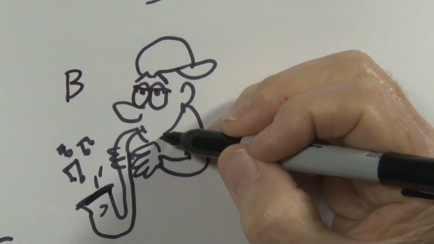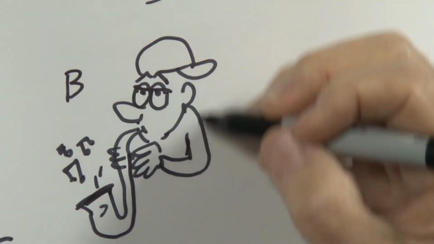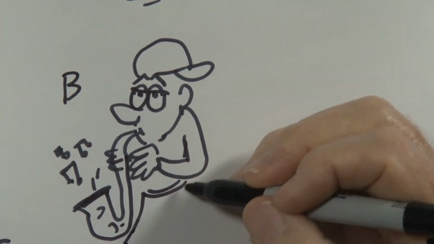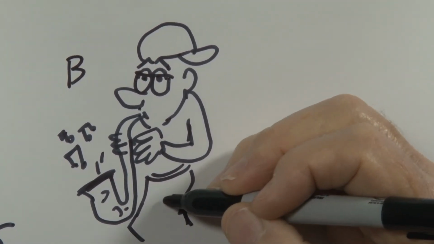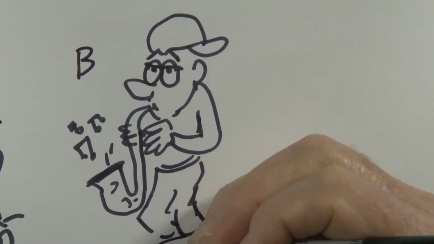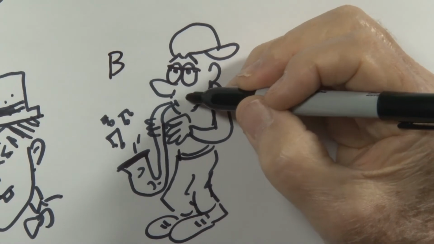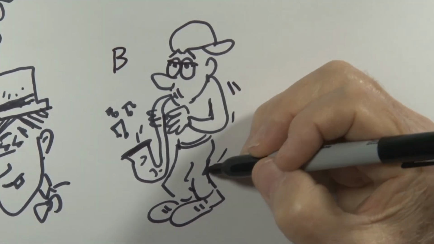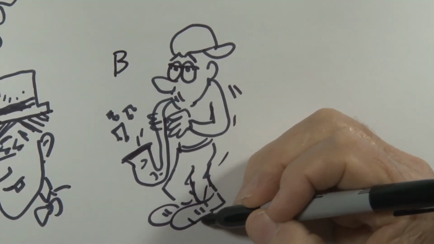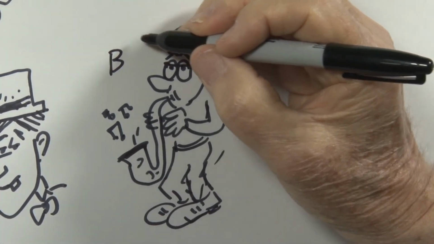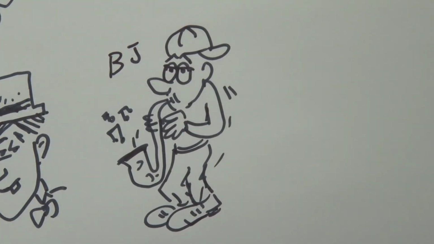So here's BJ playing a jazzy tune on a saxophone or some such instrument. He looks like he's enjoying a jam session with his friends or something like that. So there you go, BJ.